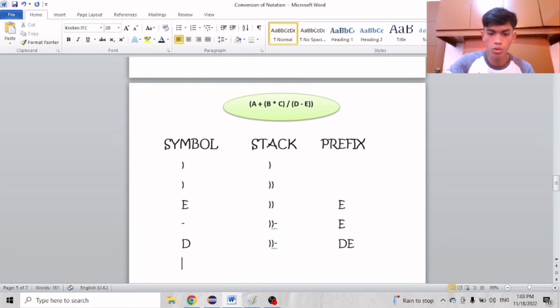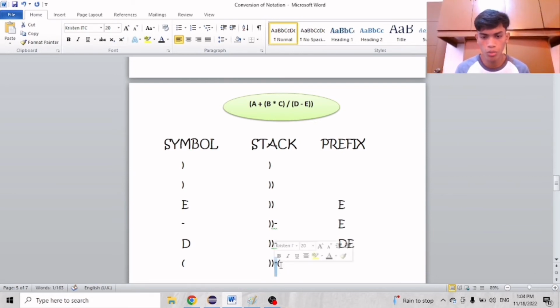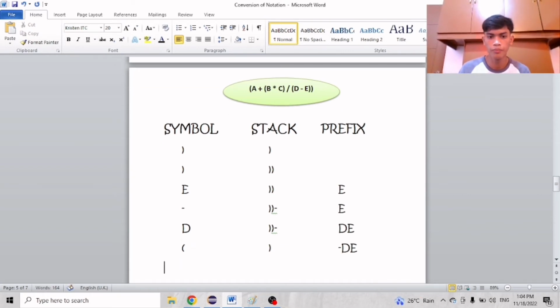So now let's go to open bracket. Did you notice? It looks like the style of rule number 4. It needs to be popped. Since it is reversal style, these follow rule number 4. It needs to be popped like that. Then put it first because prefix puts the operator before the operand.